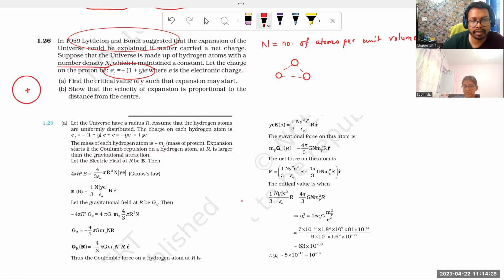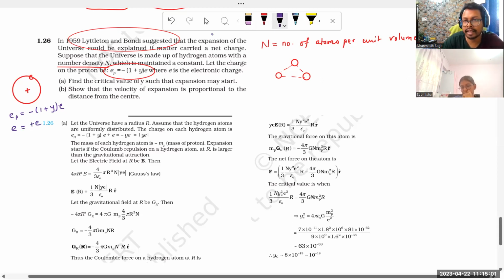There is a proton at the center and there is an electron here, right? That is the thing. So in that case, EP is given to you as minus 1 plus Y times E, and the electronic charge is given to you as simply plus E.